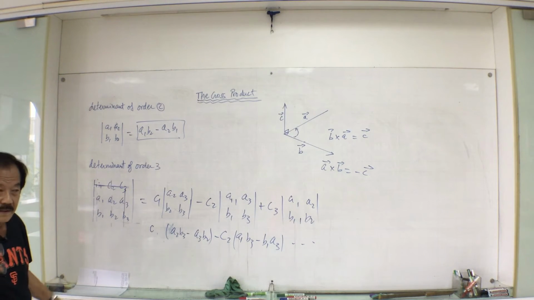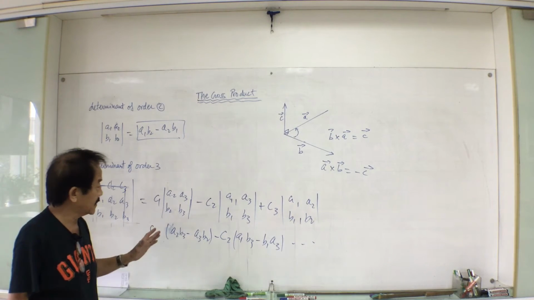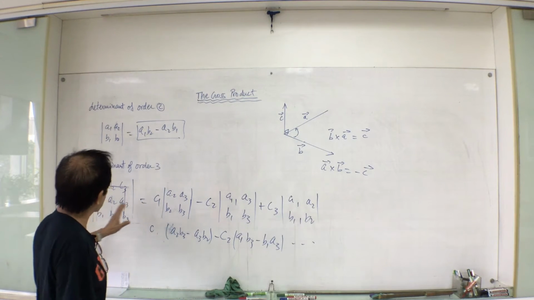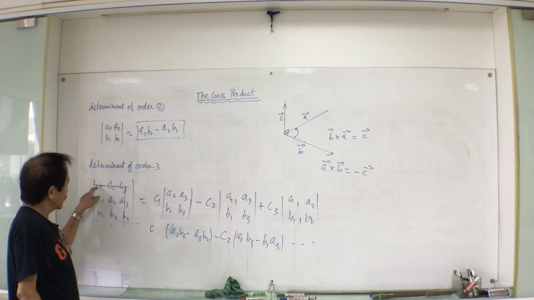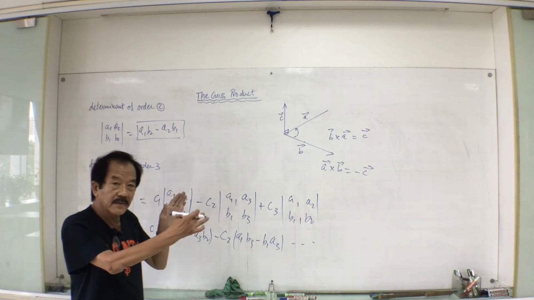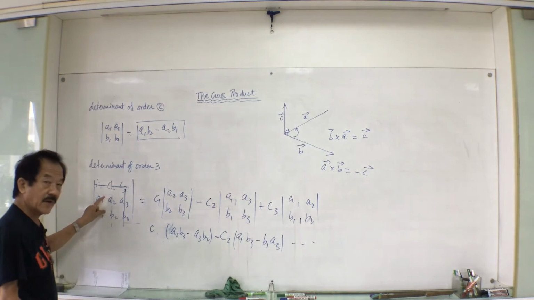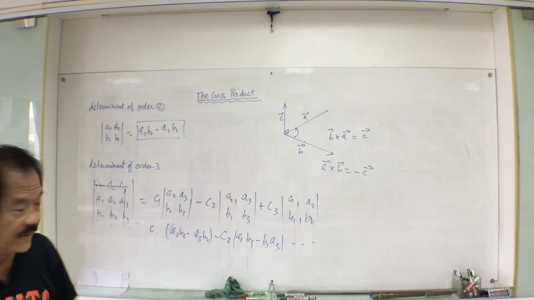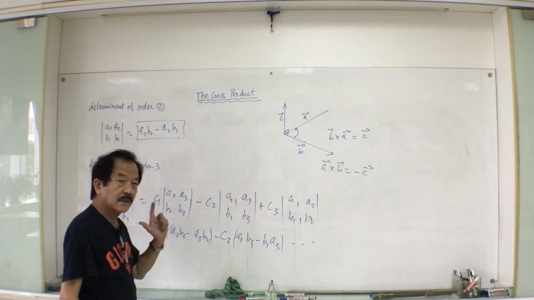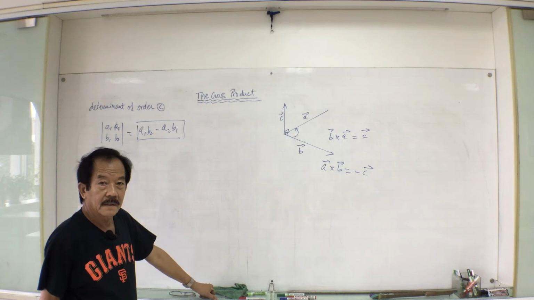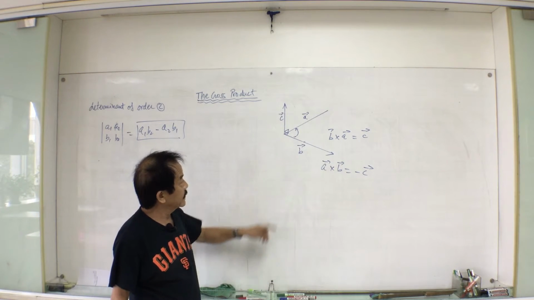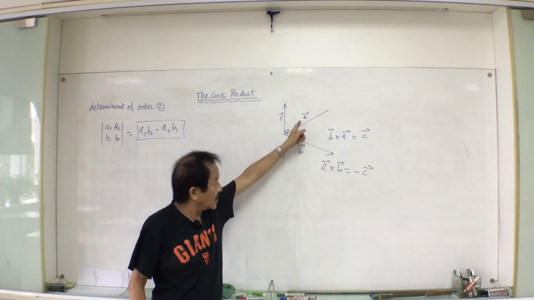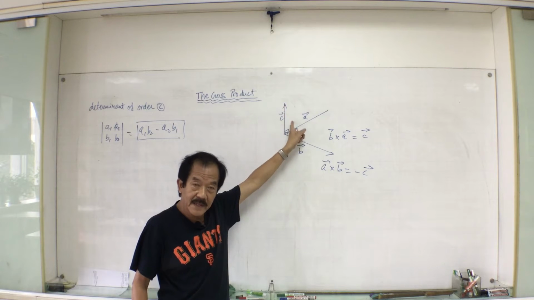Now I'll tell you why we need this. When you cross two vectors together, you get a vector which is perpendicular to both vector A and vector B. This procedure gives you the vector perpendicular to both A and B. Two vectors make a plane, and when you cross them, you get a third vector perpendicular to both of them.